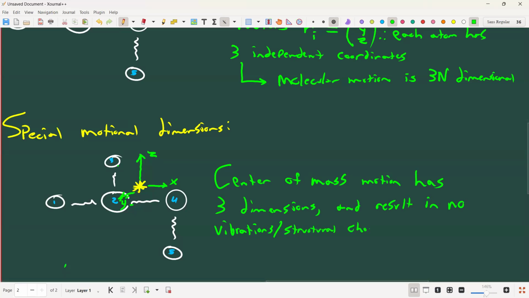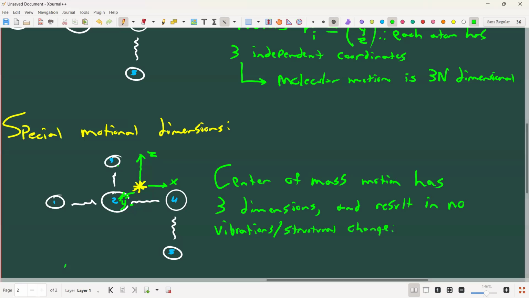So of the system's 3n coordinates, 3 of them correspond to just the center of mass moving, up, down, left, and right. The atoms are not moving relative to each other; I'm just moving the whole molecule, placing it here. That's not a vibration. So 3 of the motions out of the 3n are just translation.